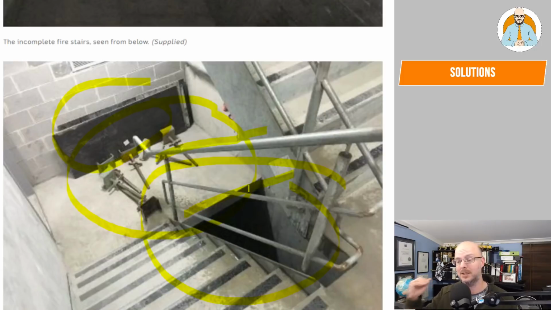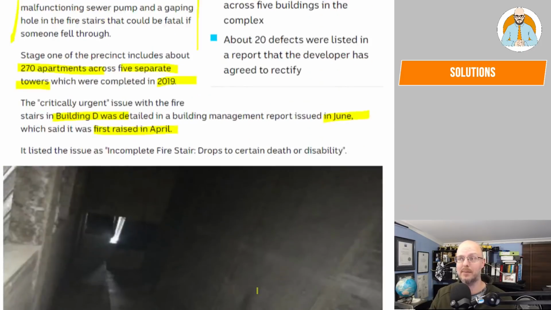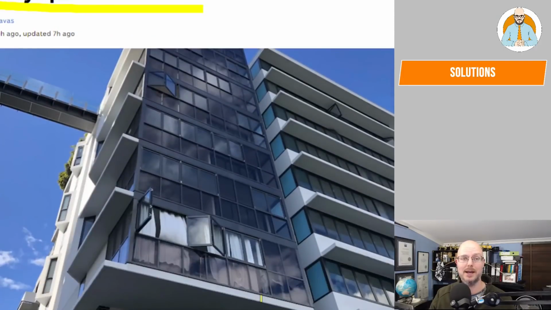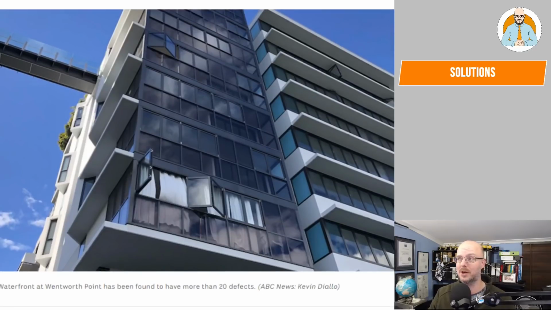And that's the issue with the design and construct procurement method that's used on these buildings most of the time. I'd be shocked if any developer builds an apartment building with a traditional procurement approach, because so few people do it these days. So there we have it, guys.